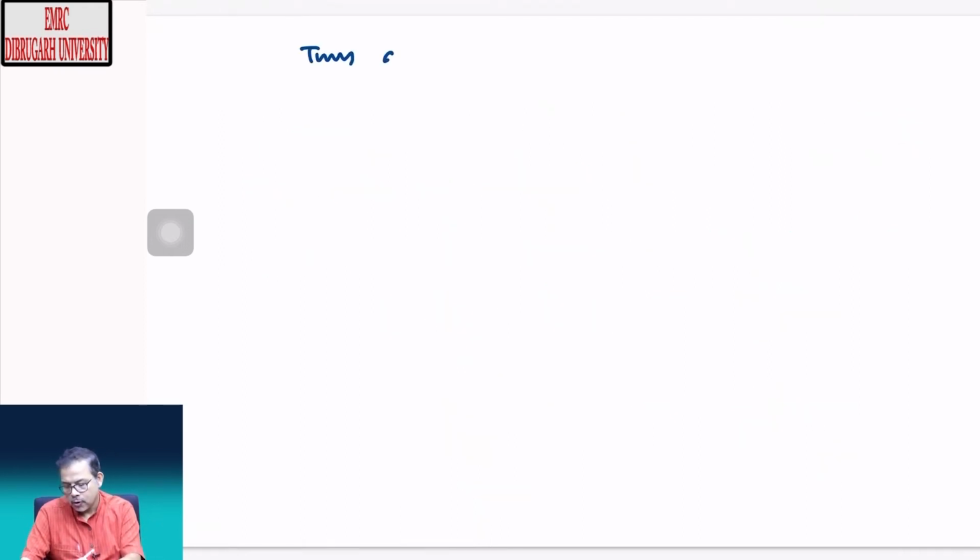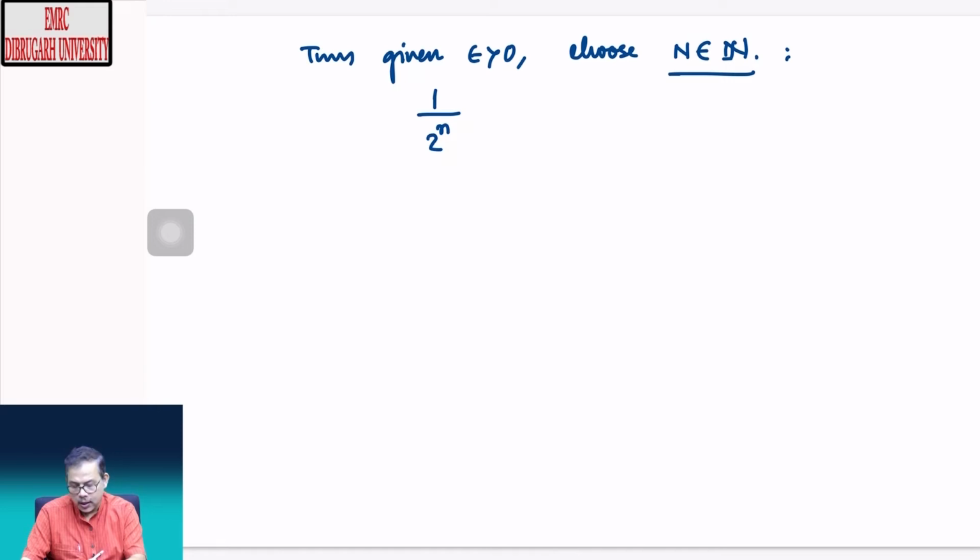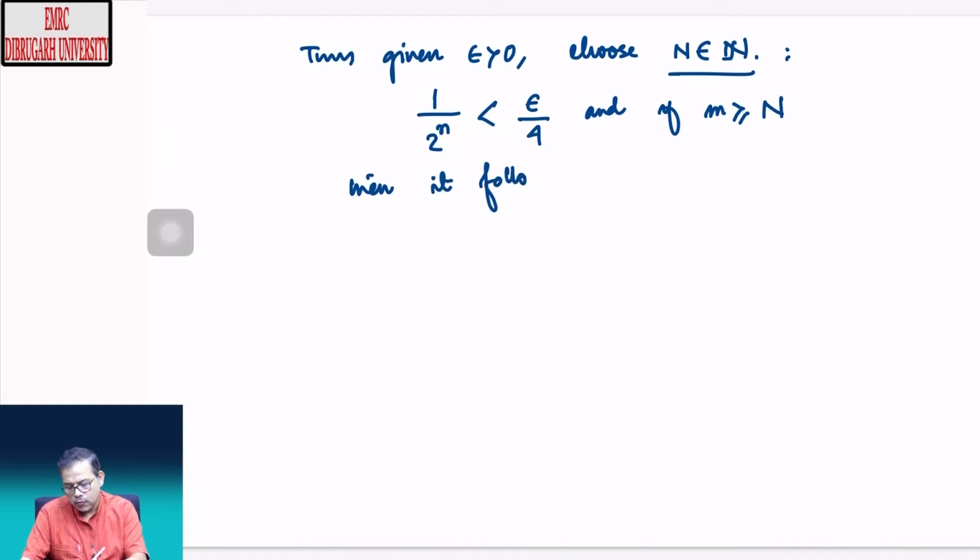Thus, given epsilon greater than 0, choose n, a natural number, such that 1 by 2 to the power n is less than epsilon by 4, and if your m is greater than or equal to n, then it follows that x n minus x m is less than epsilon for all m and n greater than or equal to that number.